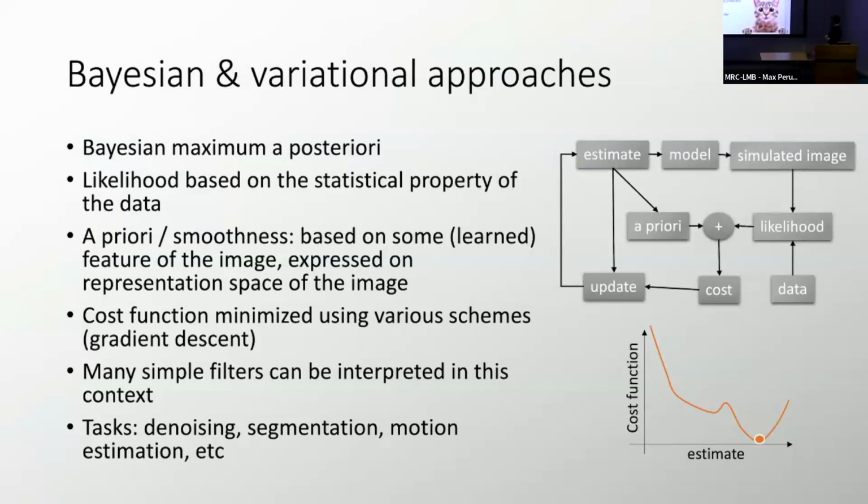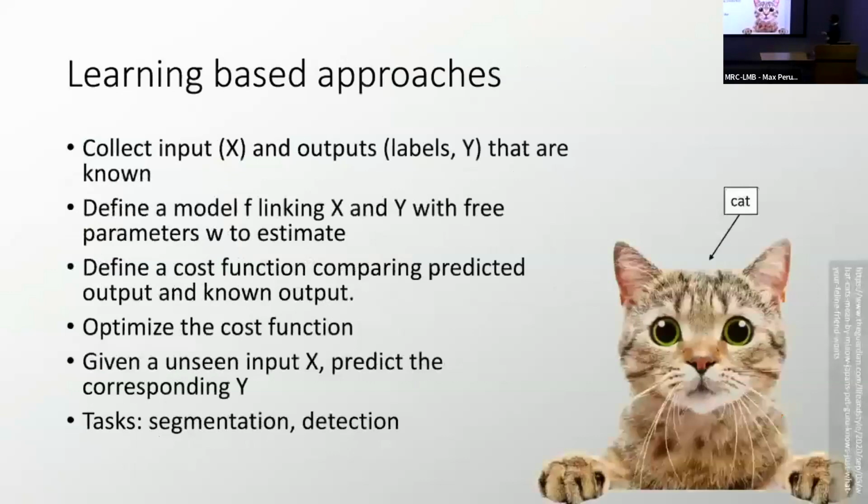Another approach, which is often used, is the learning-based approach, where we collect some input and output. For example, the input is the intensity at each pixel, and the output is a label. And then we define a model which links the X and the Y. The input in general will not just be the intensity, but the result of many filters, like average, Gaussian filter at different scales, difference of Gaussians, and so on and so forth.